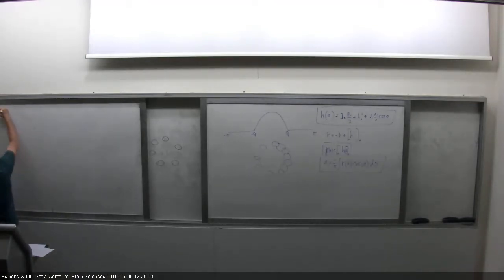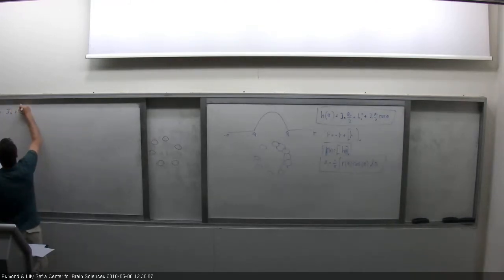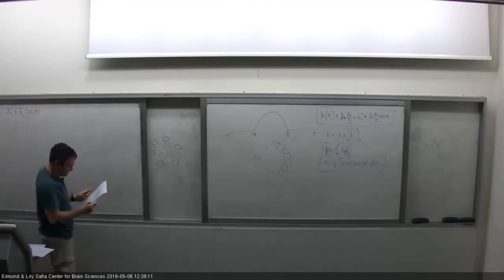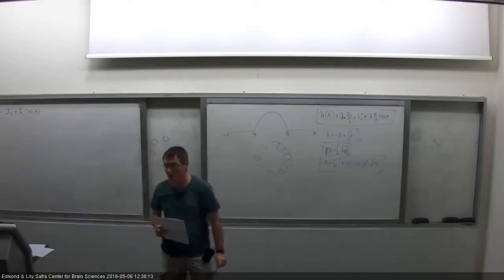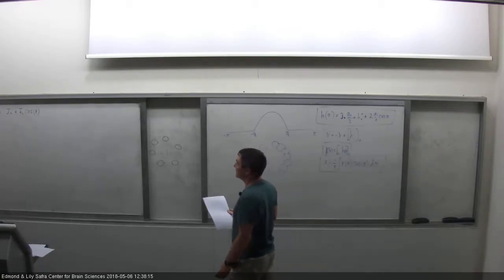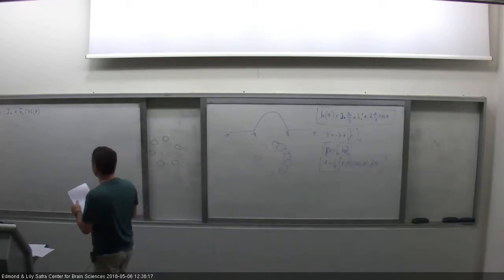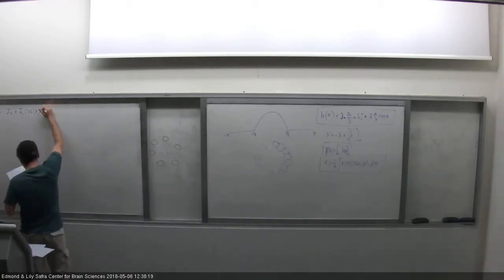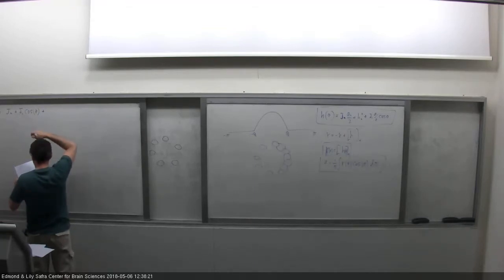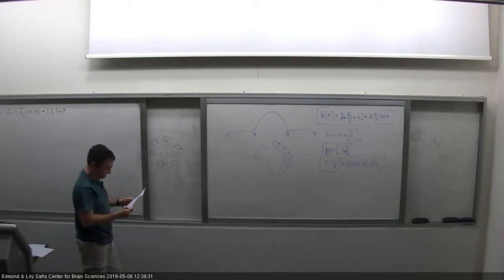J of theta is equal to J0 plus J1 cosine of theta. This is the old connectivity matrix. And we add a term that is asymmetric, plus epsilon J1 sine of theta.